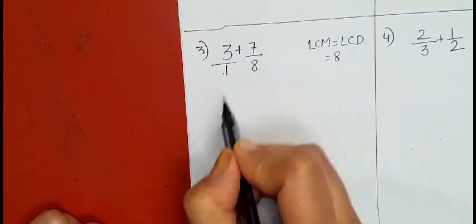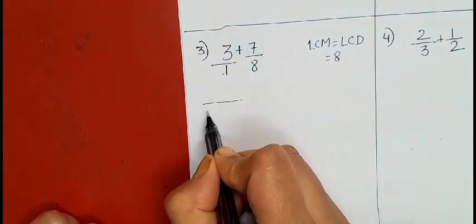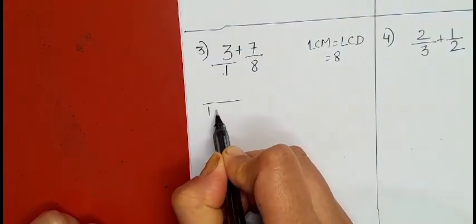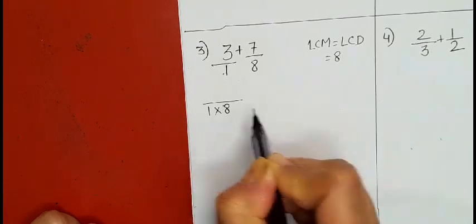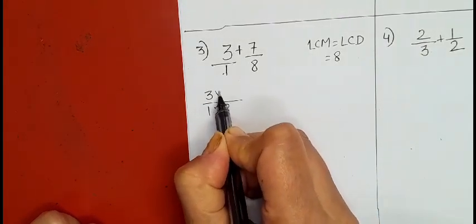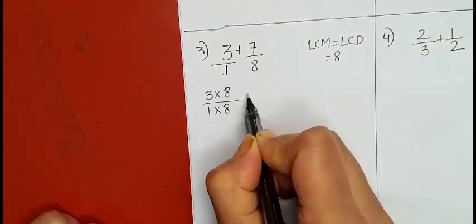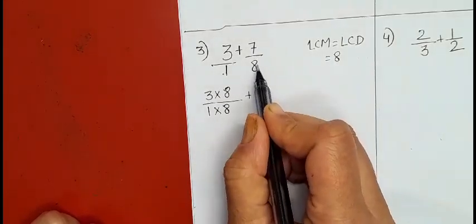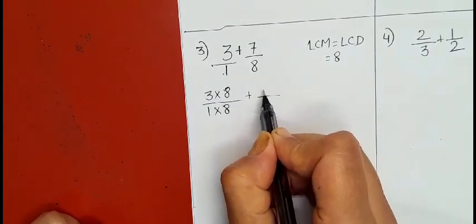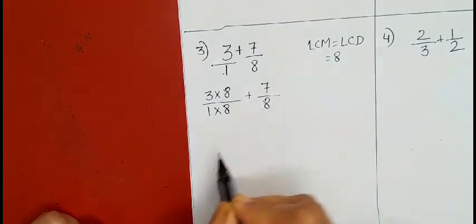So in order to make this denominator 1 into 8, we have to multiply this 1 by 8. The same goes for the numerator, we have to multiply the numerator also by 8. And this fraction has the denominator 8, so we copy it as it is.